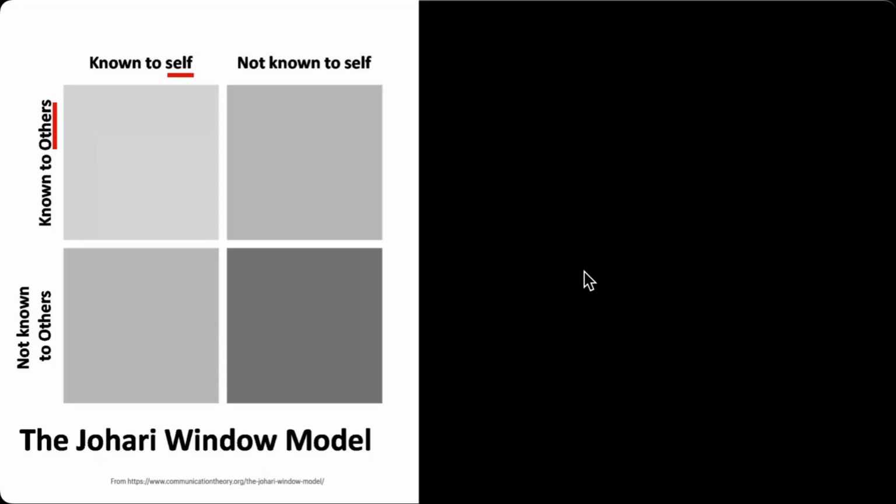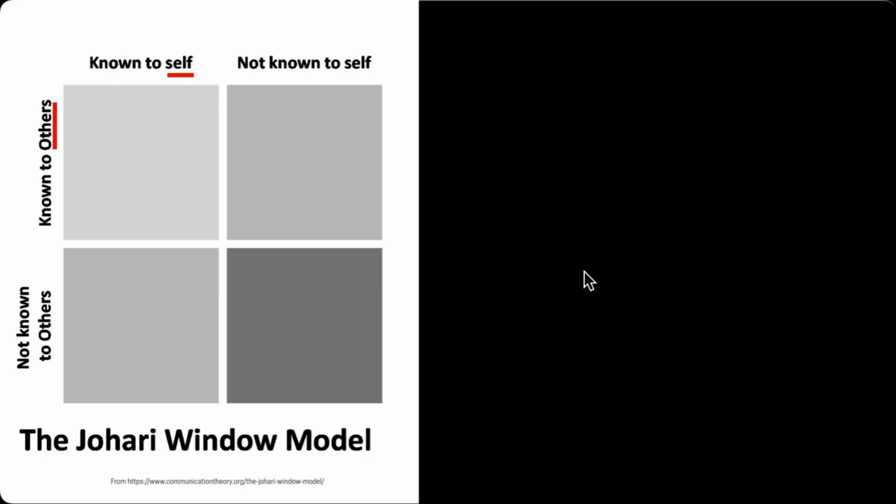Now, the Johari Window is basically an analytic approach to what I know and what others know. If I put on the x-axis the self, about me, what I know and what I don't know, and on the y-axis what others know and what others don't know.